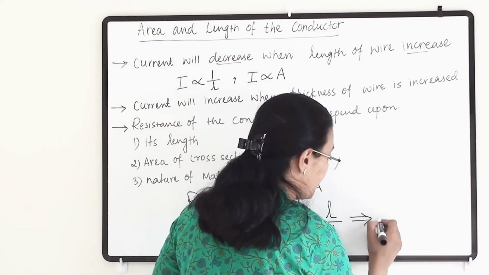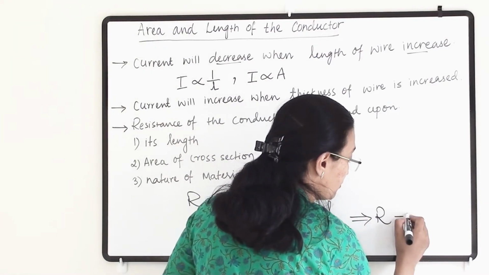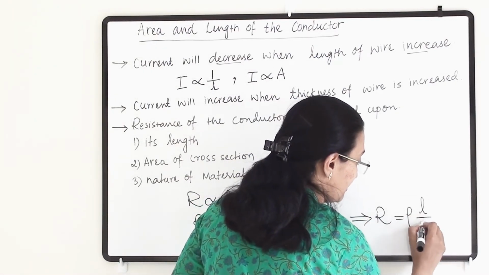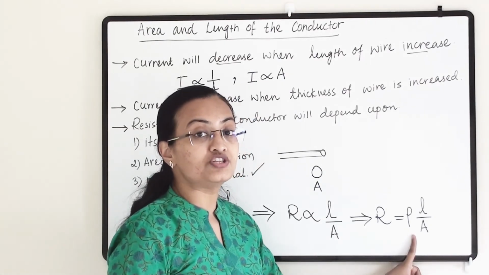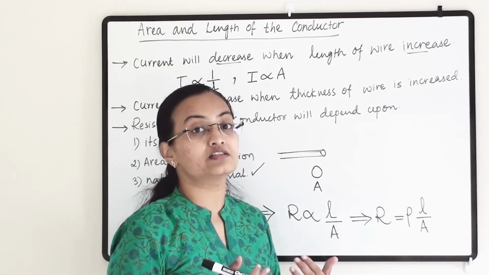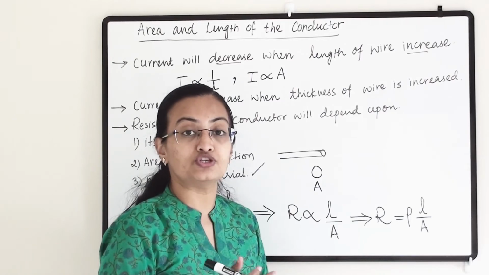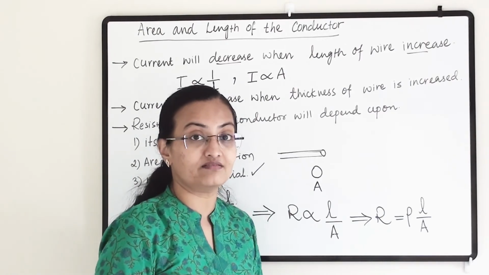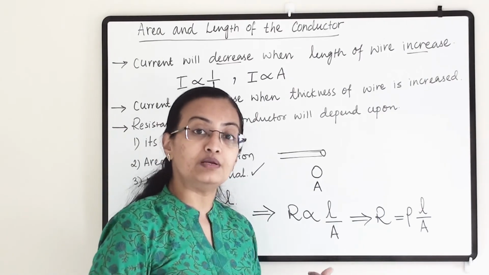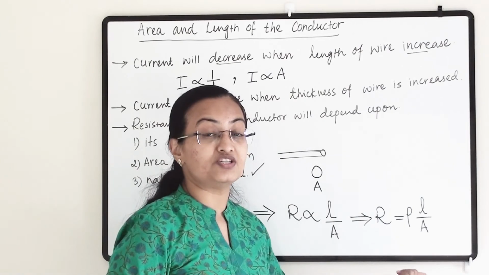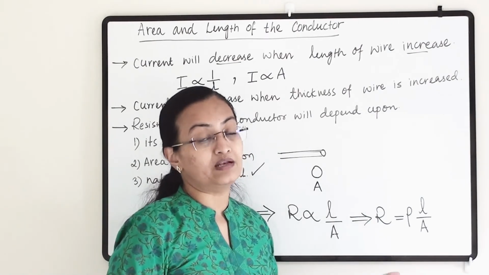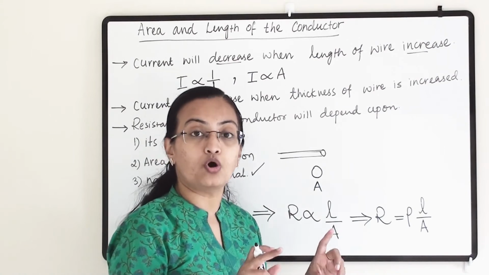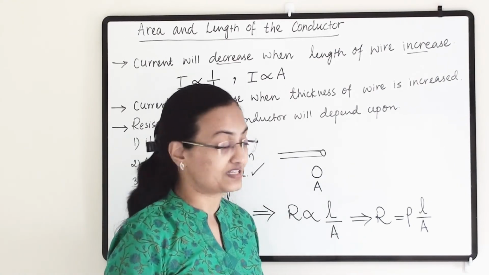From this we can write R equals rho L by A. This is termed rho, and it is the resistivity of the material, and it is material specific. The resistivity of silver, iron and aluminium will be different. You will get this resistivity chart in your textbook, in table 12.2, where they have mentioned all the materials and their different resistivities.